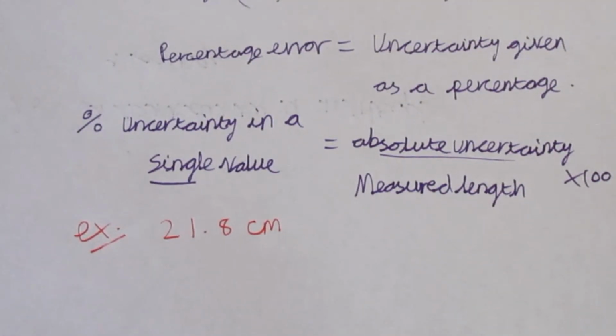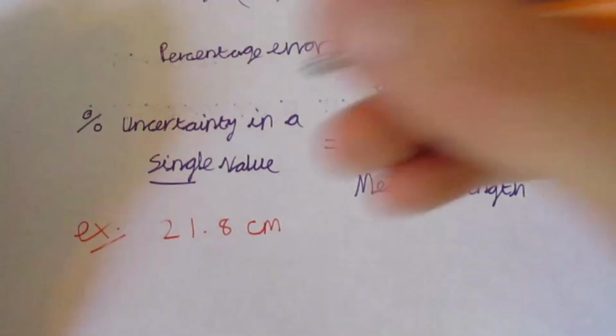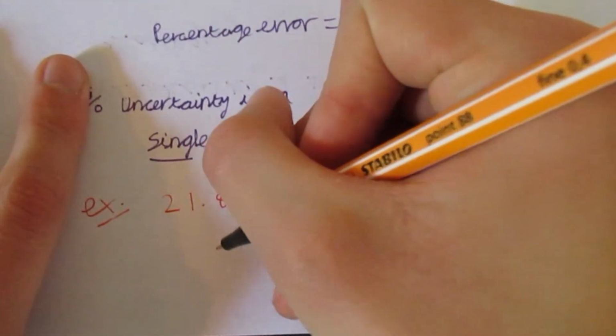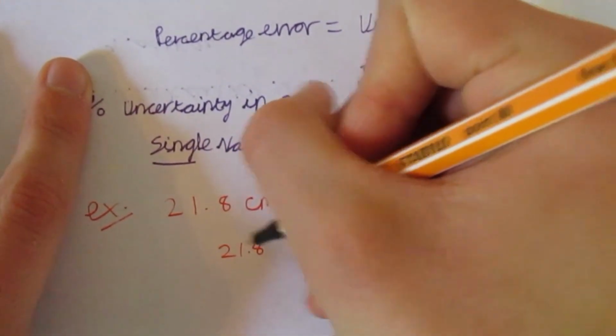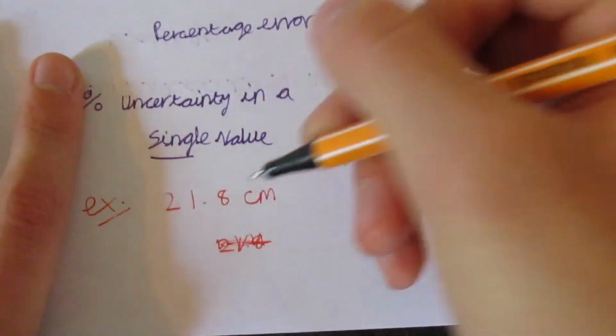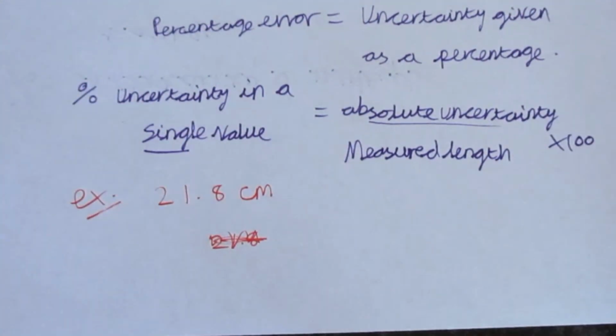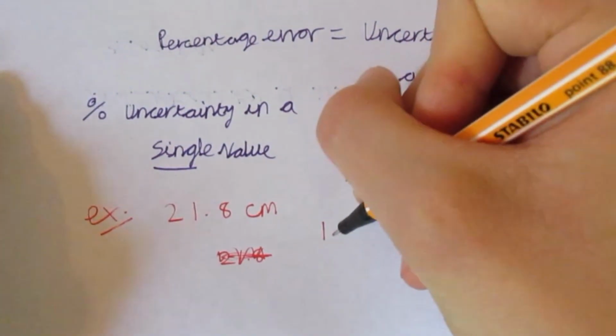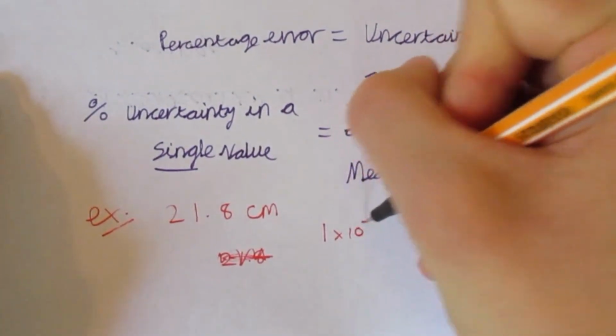So our percentage uncertainty in that measurement would be the absolute uncertainty, which in a ruler, as we said, is 1 millimetre, times 10 to the negative 3.